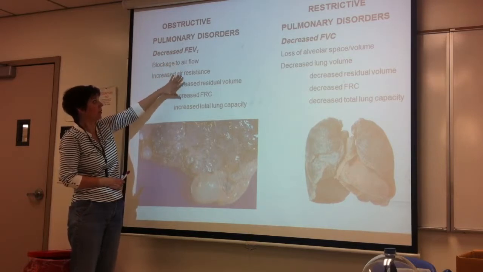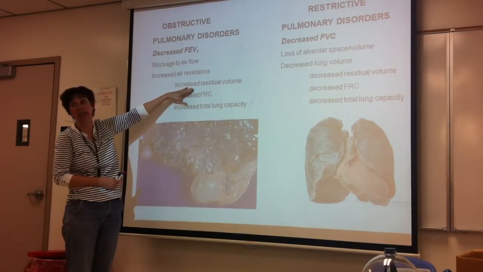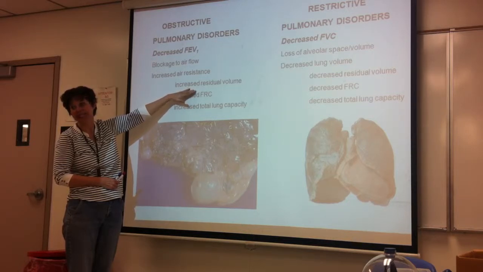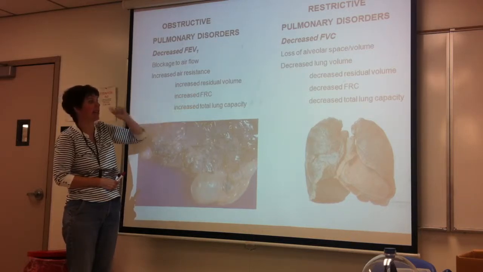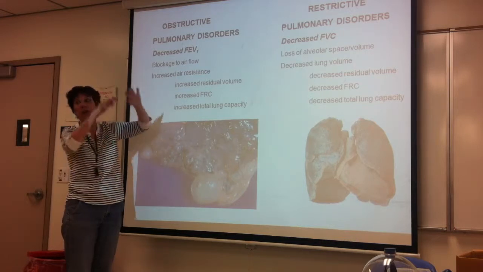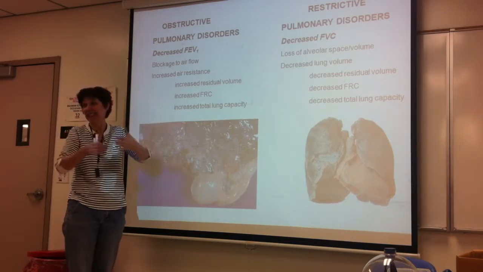Because it takes longer to breathe out, we tend to have an increased residual volume. Air ends up being trapped in the lungs, and it's difficult to get it out. So the overall lung capacity gets larger.